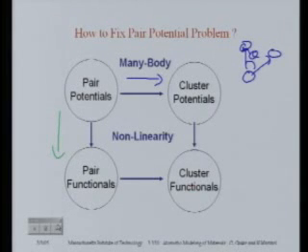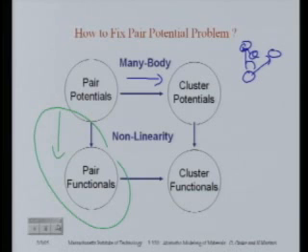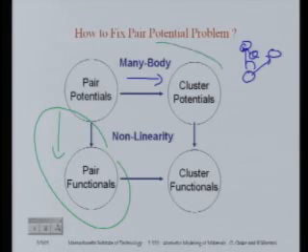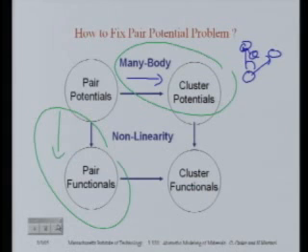Today I'm going to mainly do pair functionals. Pair functionals tend to be most applicable to metals, where the square root dependence effect is strongest. Whereas cluster potentials or many-body potentials in general tend to be more favored in the organic literature, both organic chemistry and polymer chemistry, and we'll go into that.